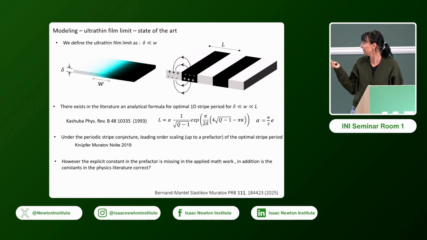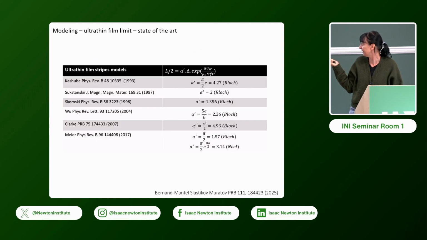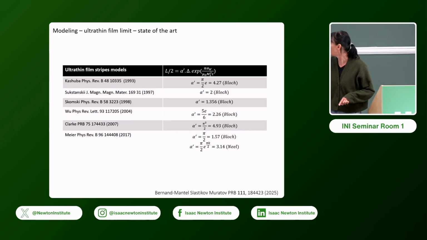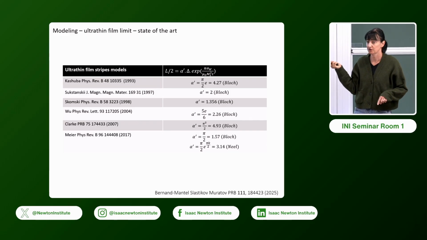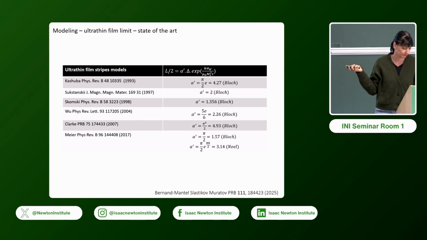So as an experimentalist, I was unhappy because I need to know this alpha. In fact, it was not quite missing because it's here, but it was missing in the applied math work, and actually in the physics literature, it was calculated many times, but you can see that it was going all over the place.